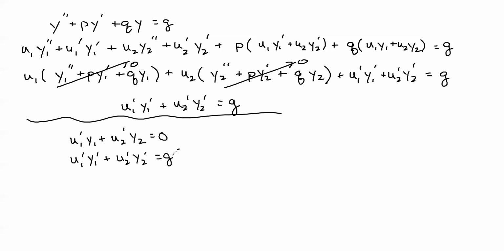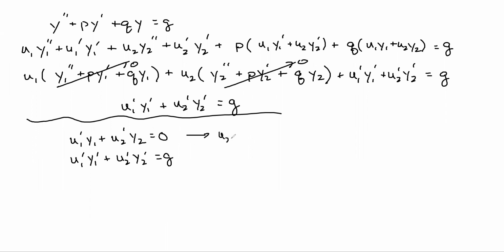In order to solve this system of equations, remember we solved the system last time, so we have to solve it this time. We start with the easier one that has the 0.